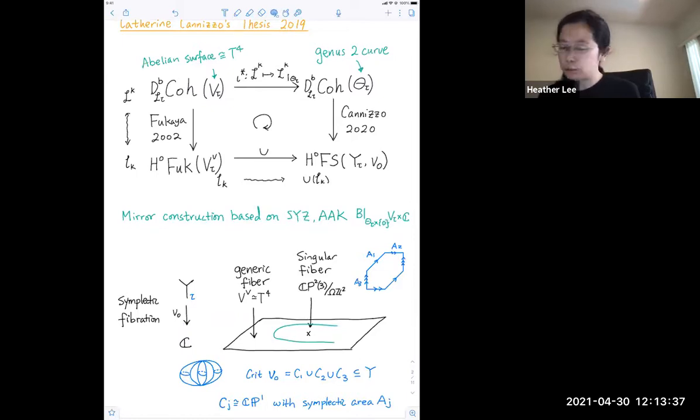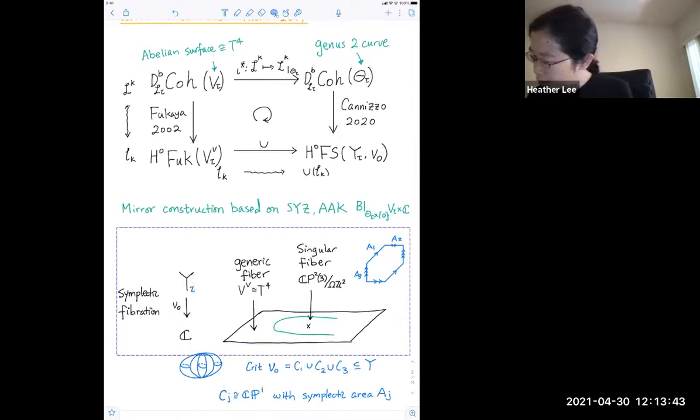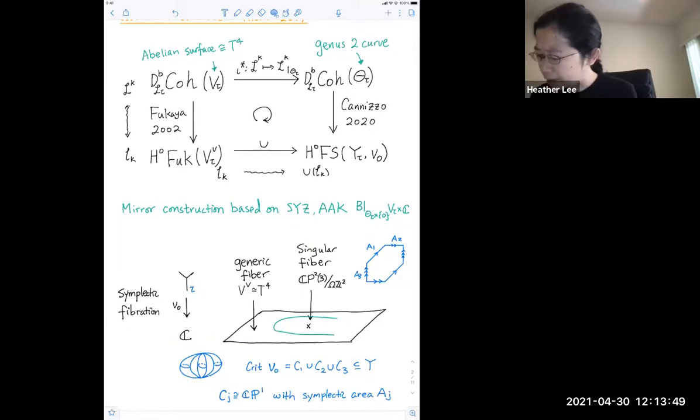Right now, to visualize it, we can take a look at this picture. This is the symplectic fibration Y to C, and each generic fiber of Y is a T4 that is actually isomorphic to the mirror of the abelian surface.